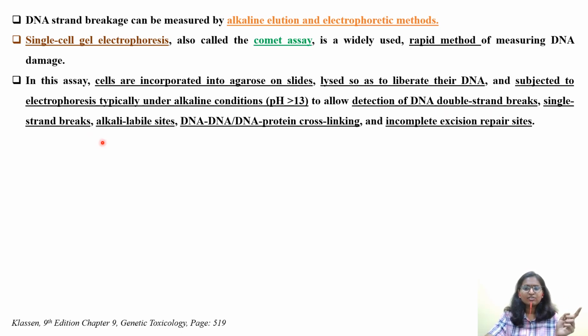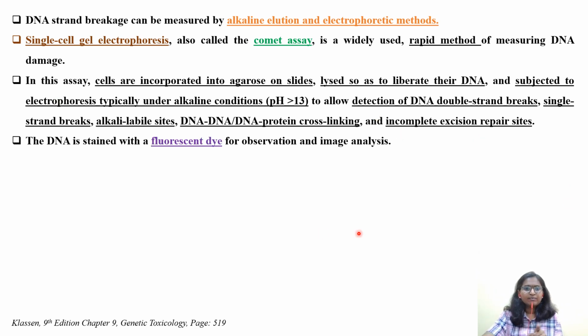So in our first slide, the question contained the option DNA double strand and single strand breaks. But here we can also find that it is used for alkali labile sites, DNA-DNA and DNA-protein crosslinks and incomplete excision repair sites.